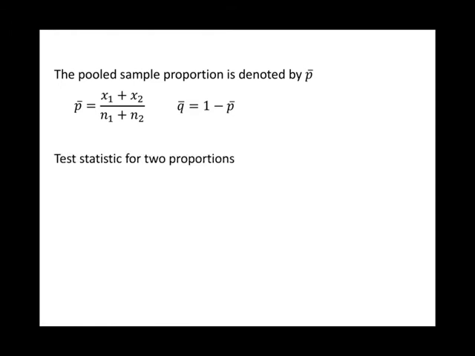Okay, the test statistic. Test statistic for two proportions. The formula is a little bit complicated. This is the P hat 1, that's the sample proportion of success in population 1. That's the sample proportion of success in population 2. Then here, I'll be using the P bar and Q bar, the pooled sample proportion.